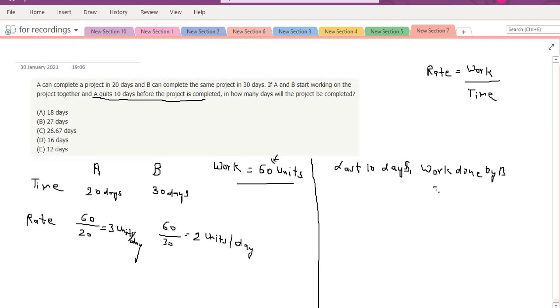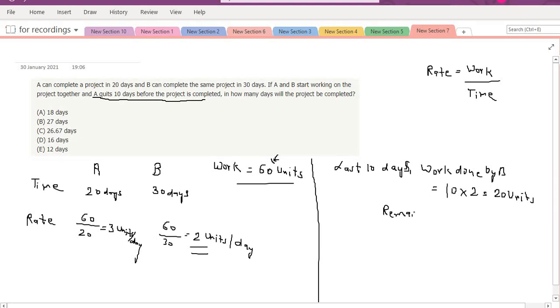The rate of B is 2, so B finishes 2 units per day. In 10 days, B will finish 20 units of the job. That means the remaining 40 units is the amount they worked on together.